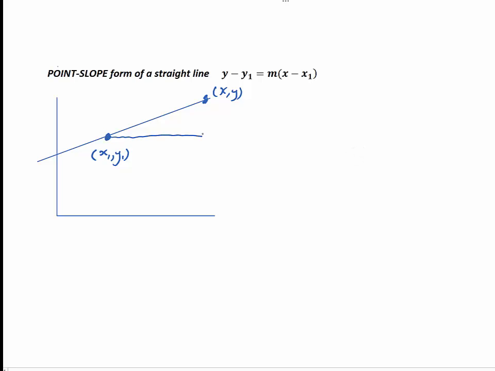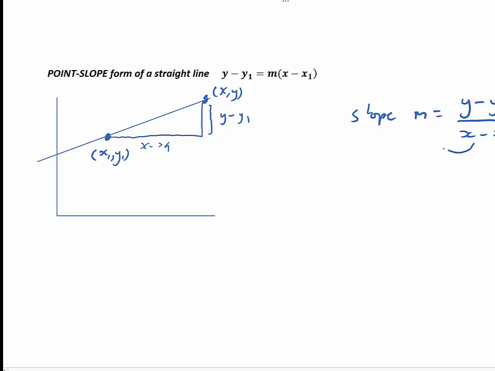the slope of this line is the increase in the y divided by the increase in x. The increase in the y is just going to be the difference in the y coordinates, y minus y1, and the increase in the x will be the difference in the x coordinates, x minus x1. So the slope m will equal y minus y1 divided by x minus x1.